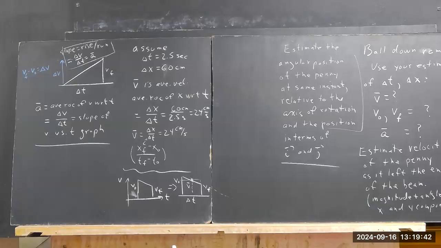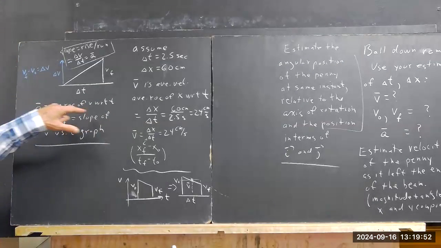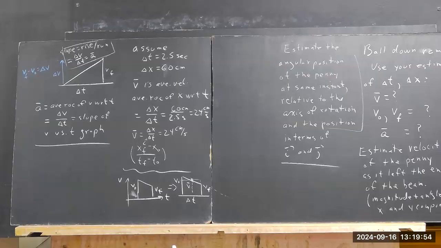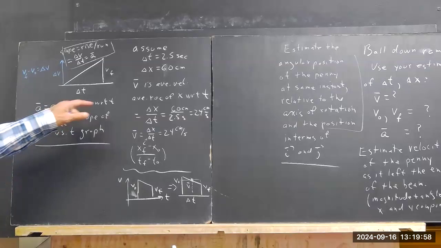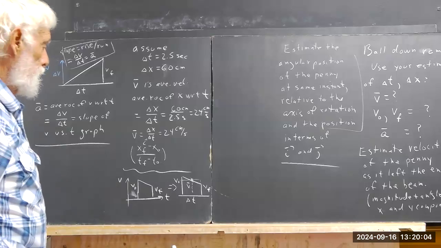Makes sense? You need to ponder that a little bit. Okay. So there's your average acceleration, the average rate of change of velocity with respect to time, because that's what average rate means. It's the average rate of change of something with respect to something. In the case of acceleration, it's velocity with respect to time. But we put all this together.